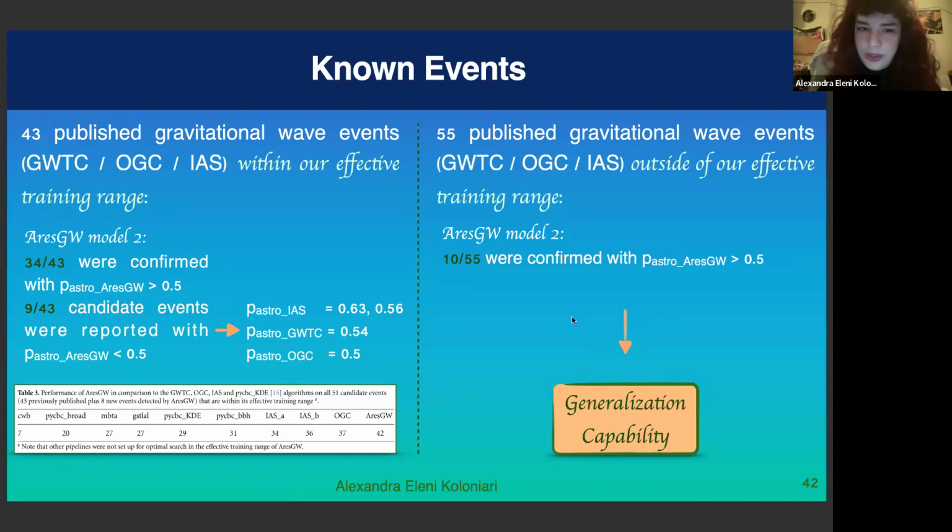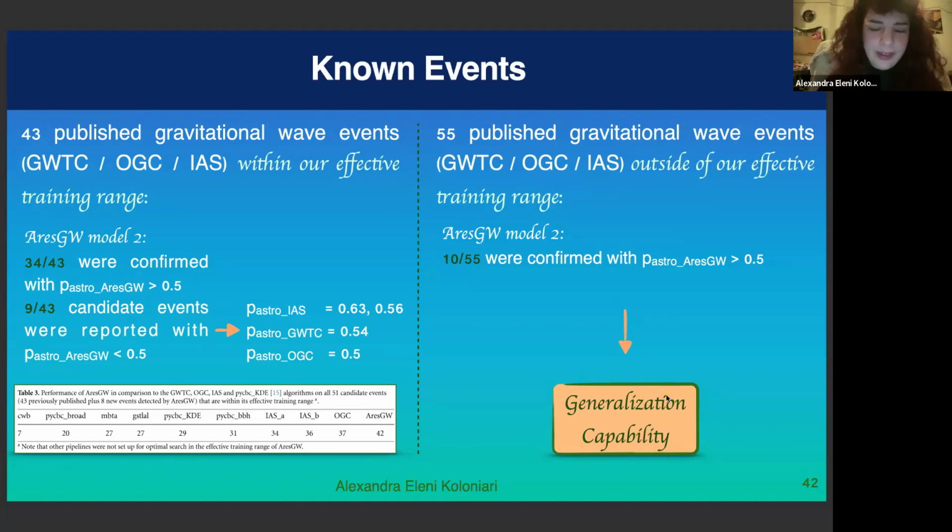I also forgot to point out that within our effective training range, the combined our events with the previously published events were 51, and actually ResGW seems to be the most sensitive pipeline in our effective training range, because ResGW detects 42 and the next best performing pipeline only detects 37. However, I need to point out that other pipelines were not set up for optimal search in our effective training range. Now, back to the generalization capability.